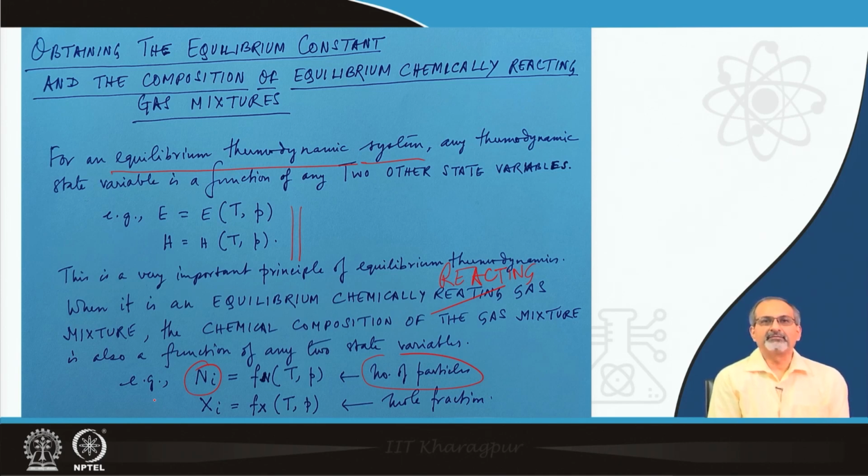Here we have defined the number of particles as a function of T and P. We have also defined the mole fraction capital Xi as a function of T and P, though the functional representations are definitely separate for each parameter that you are talking about.